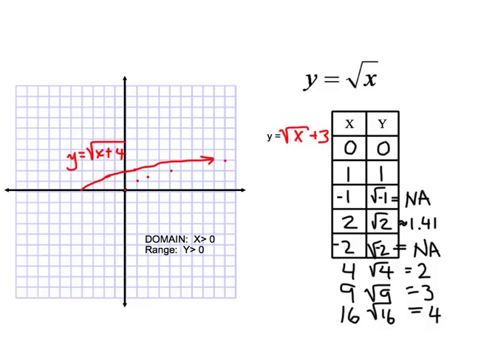So the translation of this function up and down, left and right, is very similar to translating a parabola. Here's a little bit of a summary for what I just said. If I have y equals square root of x minus h, the h again has to be inside the square root sign, and then plus k.